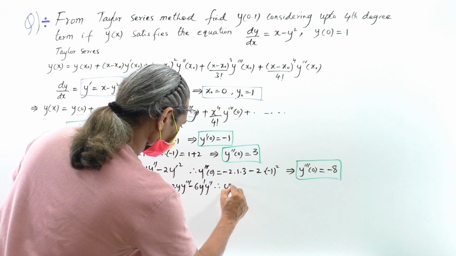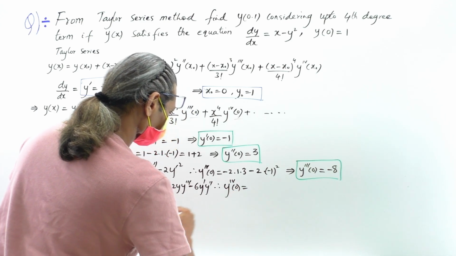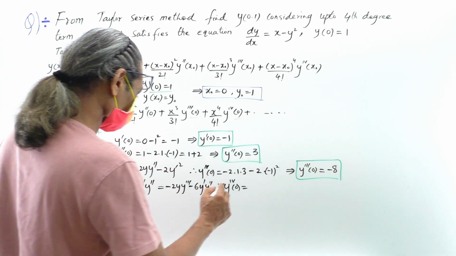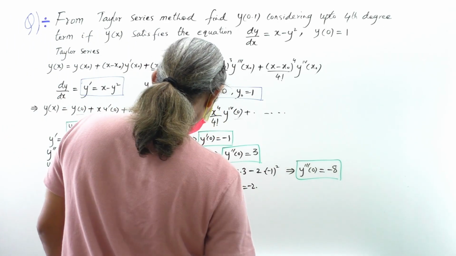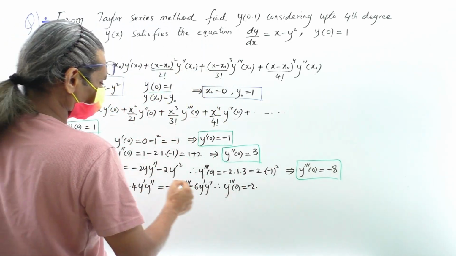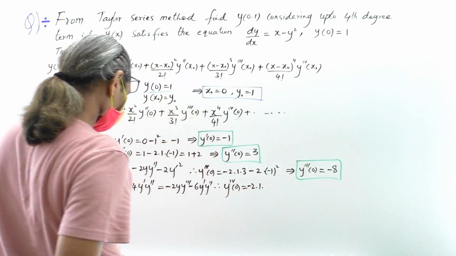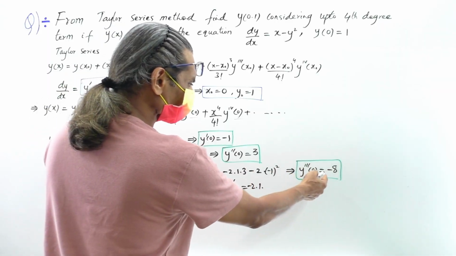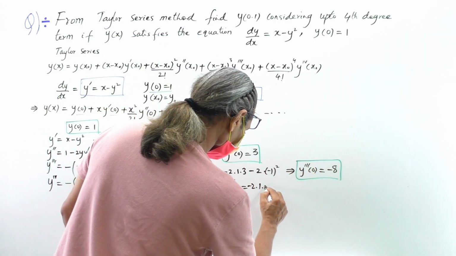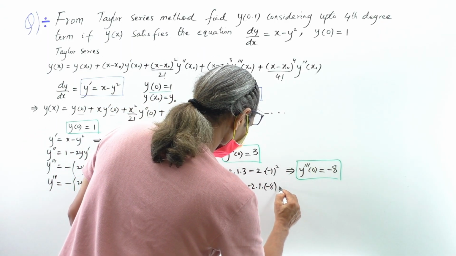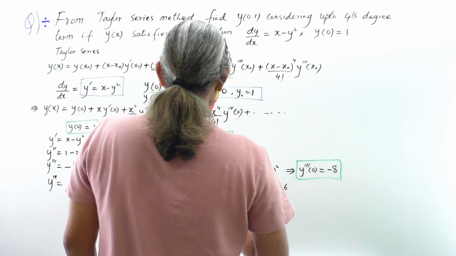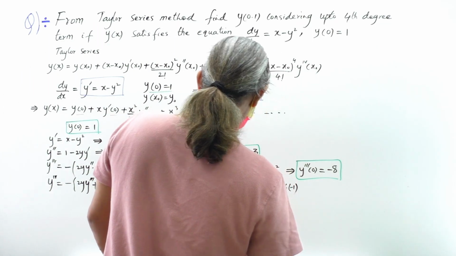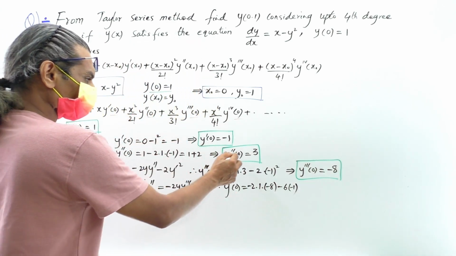Therefore y fourth of 0 is equal to minus 2 into y of 0, which is 1, into y triple dash of 0, which is minus 8, minus 6 into y dash, which is minus 1, into y double dash, which is 3.